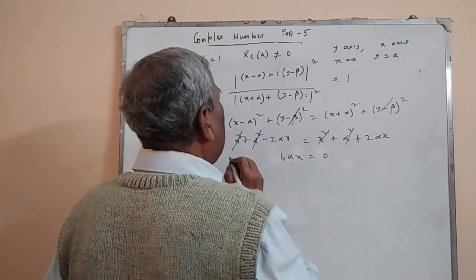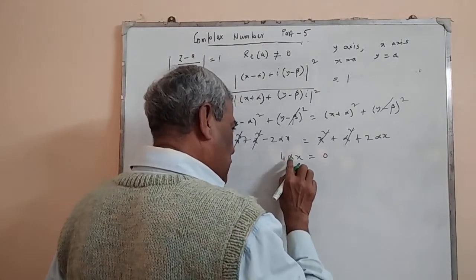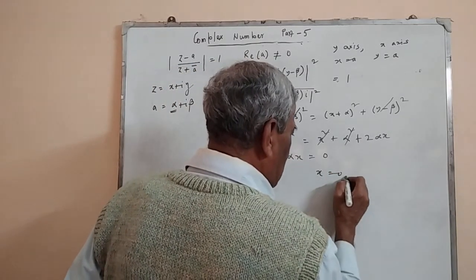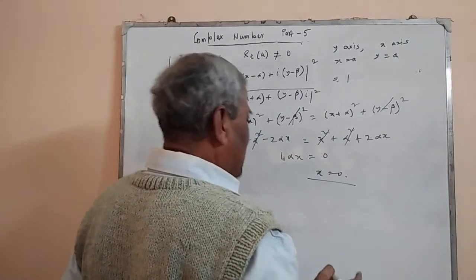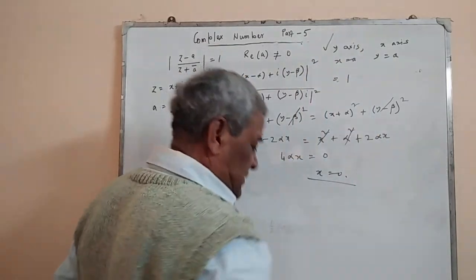Because the real part of a is not equal to 0, that is alpha not equal to 0, so we get x is equal to 0. So the variable z lies on x is equal to 0, that is the y-axis.